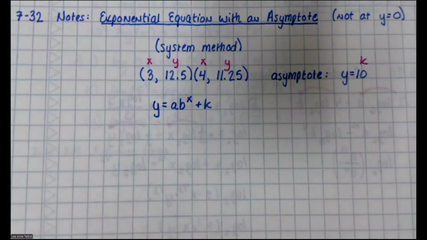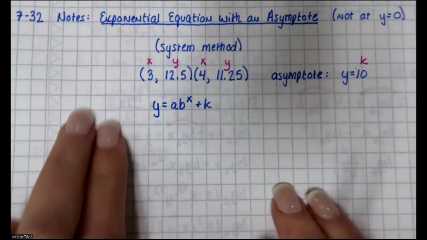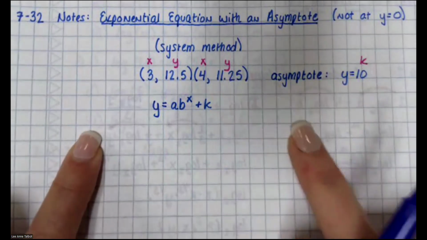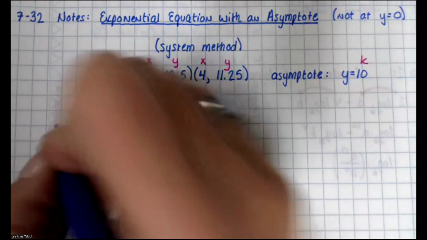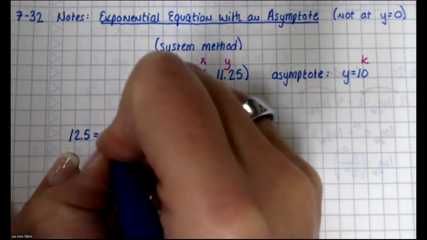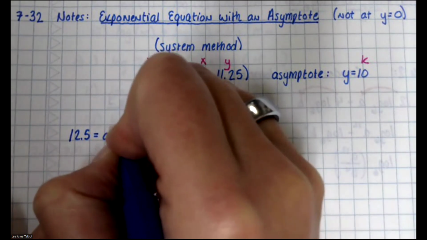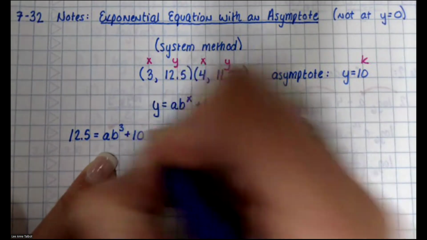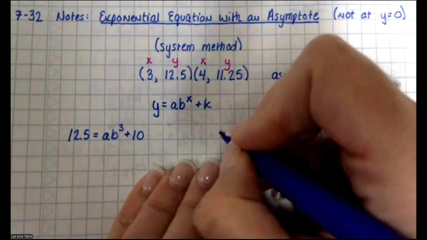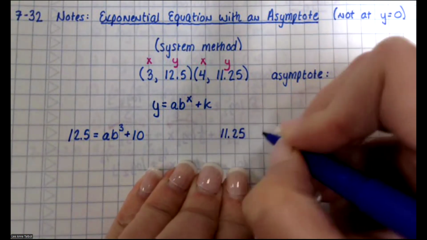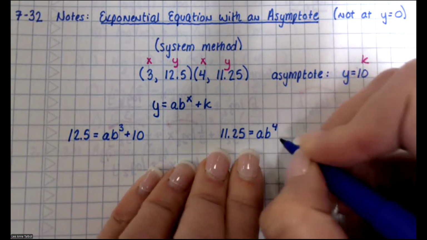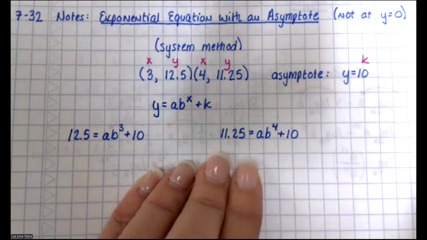Okay, so what I'd like you to do is follow along with me. I'm going to put one equation here and one equation here, one for the first point, one for the second point. So 12.5 equals a b to the 3 plus 10. 11.25 equals a b to the 4 plus 10.